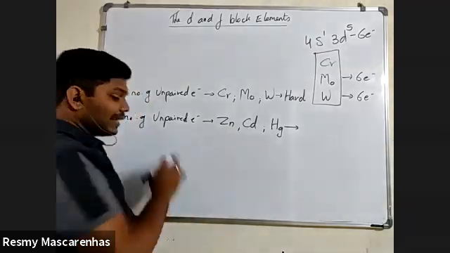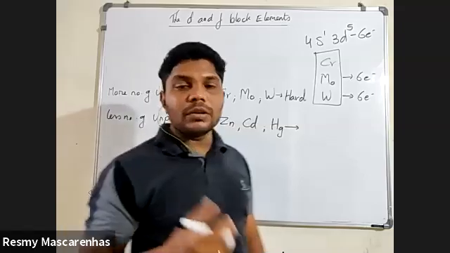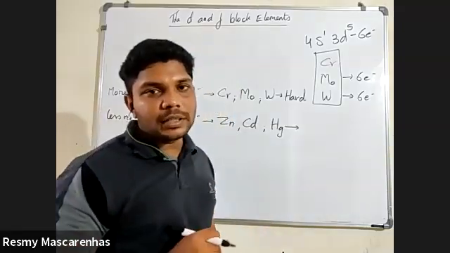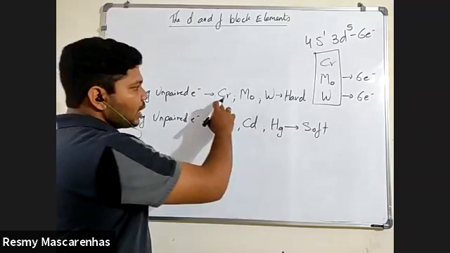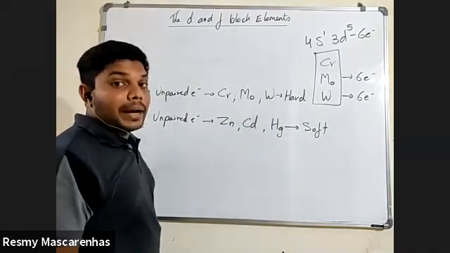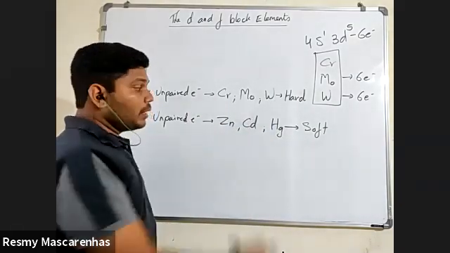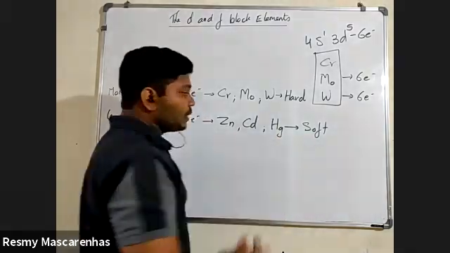So whenever there are fewer unpaired electrons, will you call it hard or soft? Soft, sir. Soft metal. So this is one of the most important things we have learned today. These are the hardest metals in the transition elements, and these are the soft metals in the transition elements.